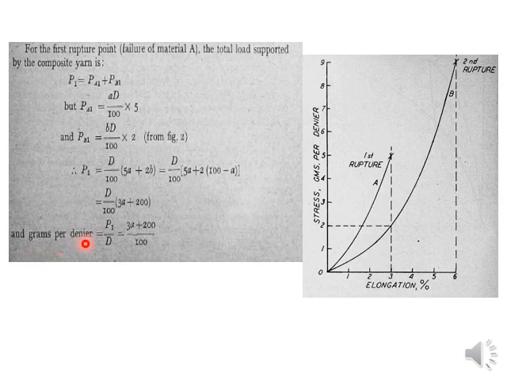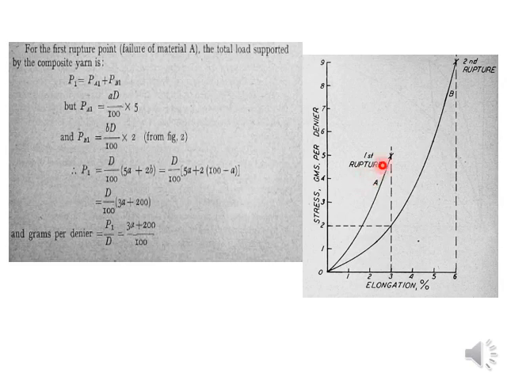Now again we are converting this, because we can add the load supported by these two fibers, but we cannot directly add the stresses 5 and 2, because the load will depend on the count, the blend of the fiber.